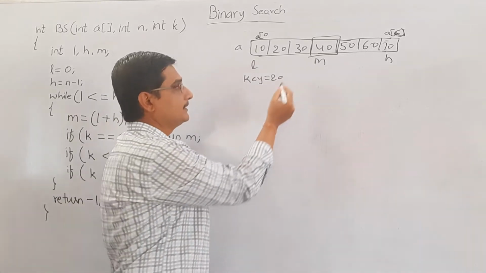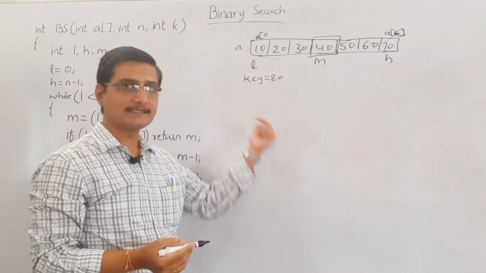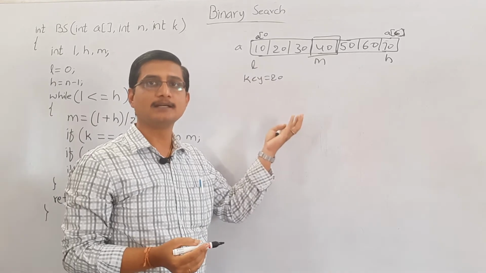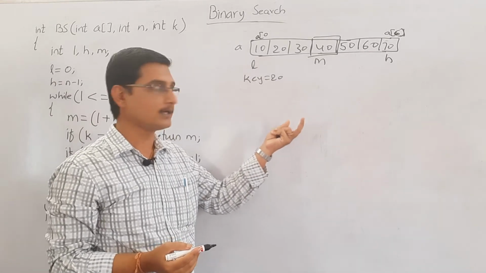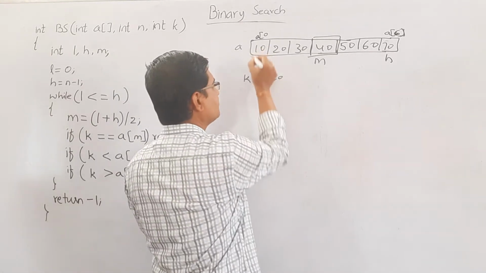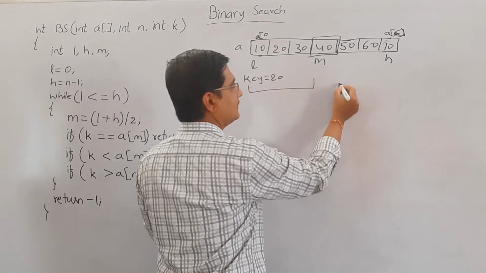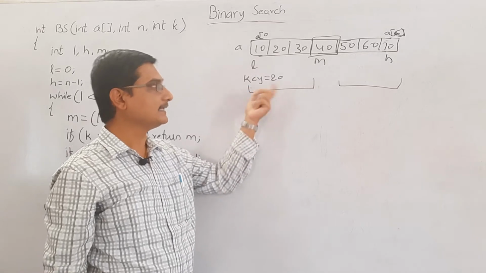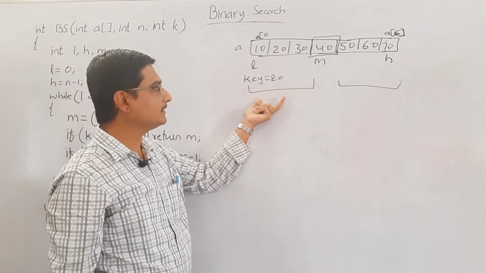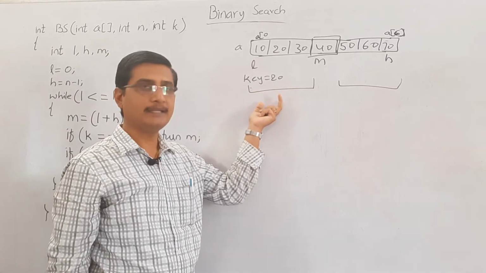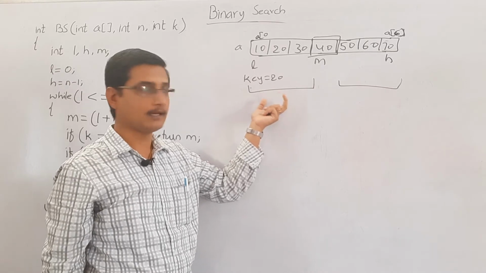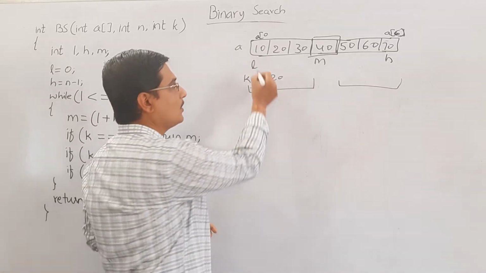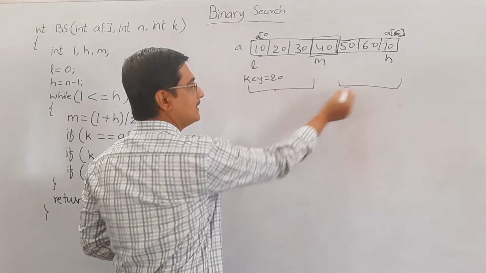Say if the key is less than the middle element, as the elements are already in ascending order, definitely that will be in this part of the array rather than in this part. If the key is less than the middle element, then it will be in the left part of the array. So we need to search only in this part, not in this part.